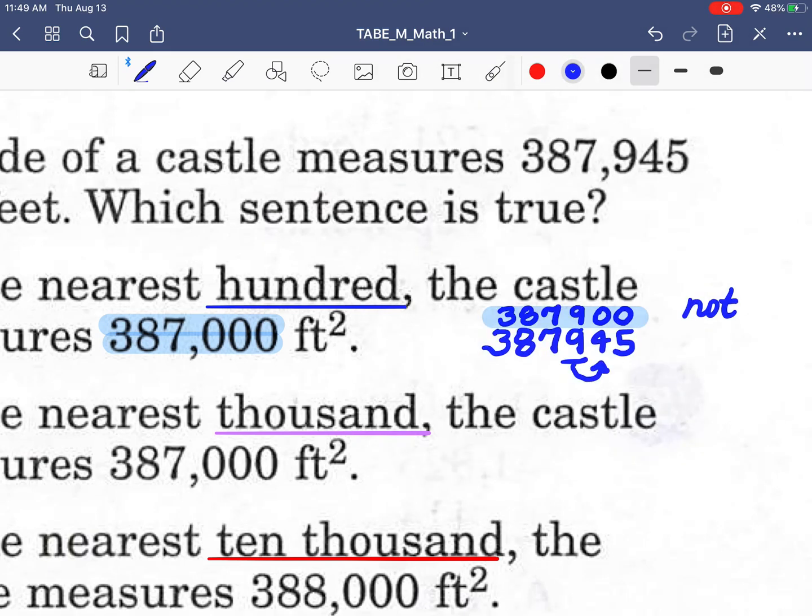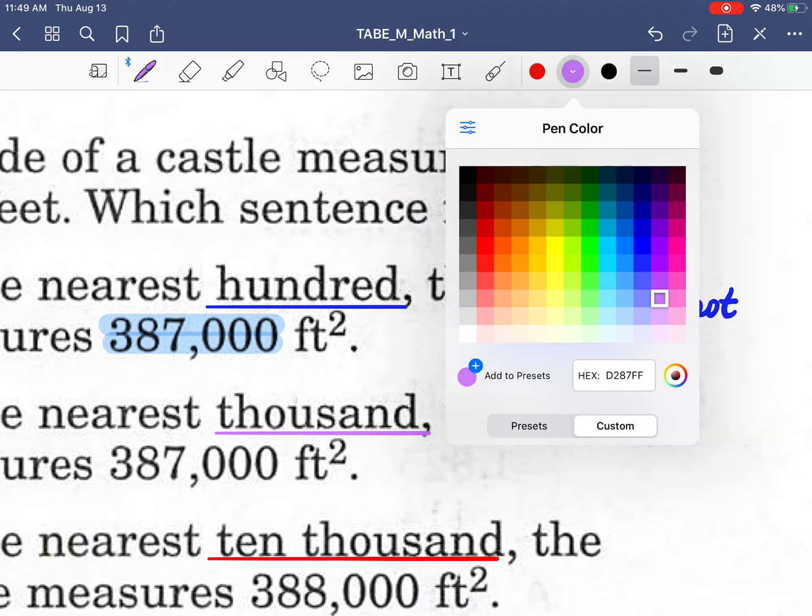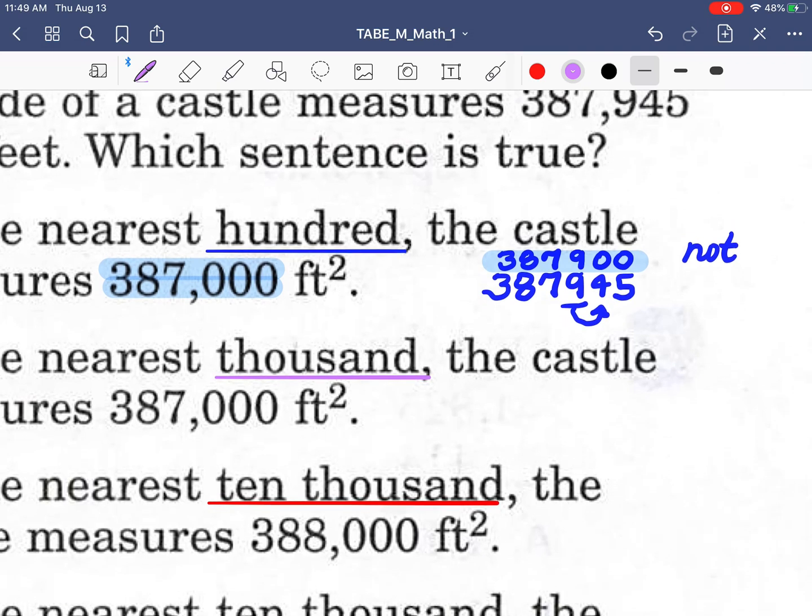Okay, this one we have to compare the castle's actual square footage with a point of reference at 1,000. Neighbor says round it up.